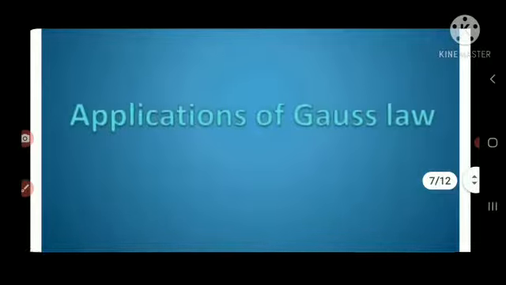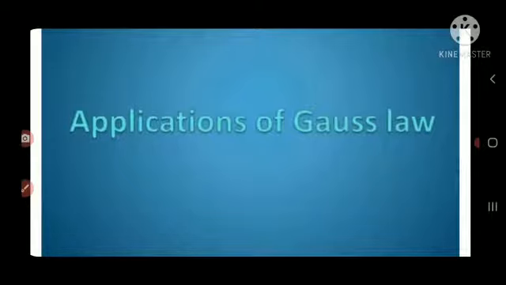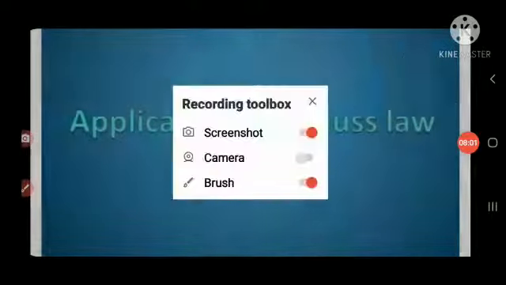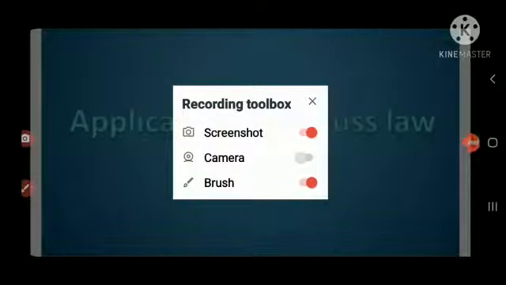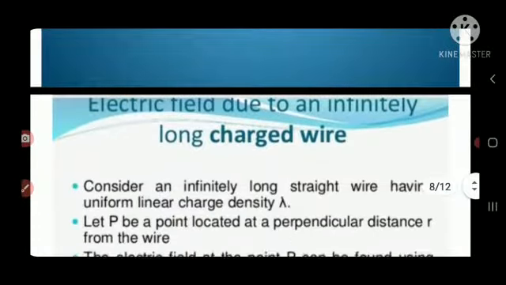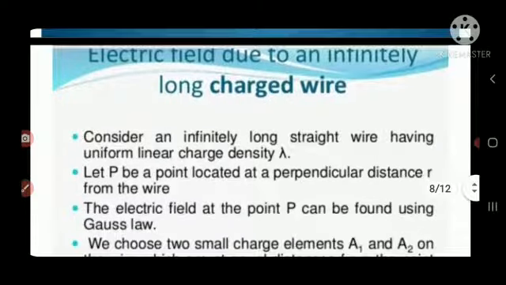Now we start discussing the applications of Gauss law. There are several applications of Gauss law. The first one: electric field due to an infinitely long charged wire.